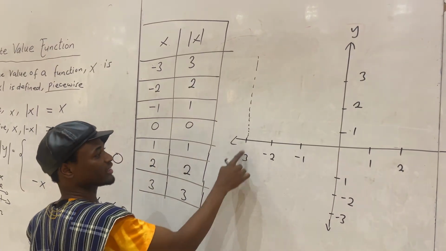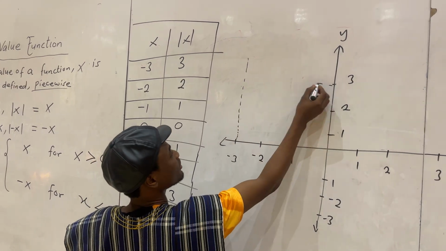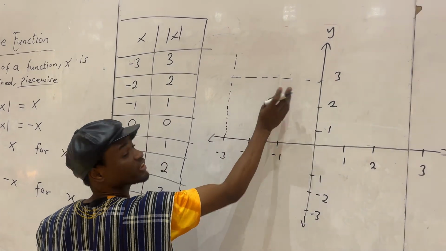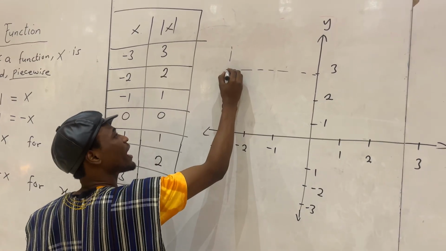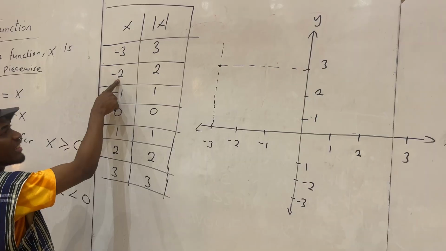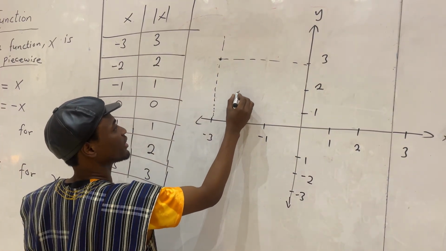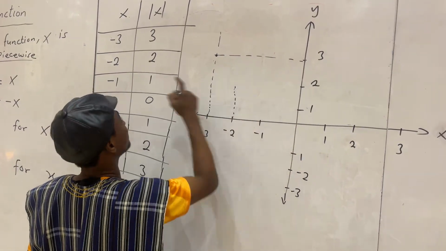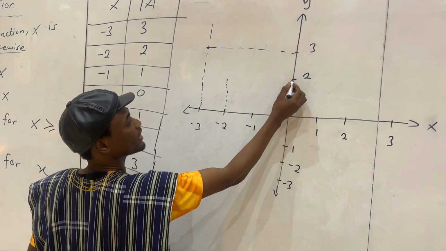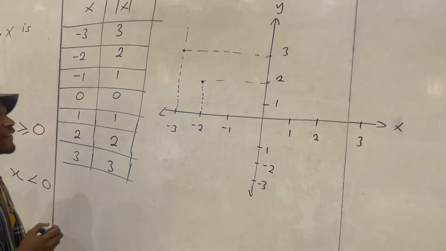So negative 3, and I have positive 3 over here. So there's a point here, right? Good. Then what do I have? A negative 2. So if I have negative 2 here, then negative 2 goes to 2, right? And this is the 2 here, right? So I have another point here.